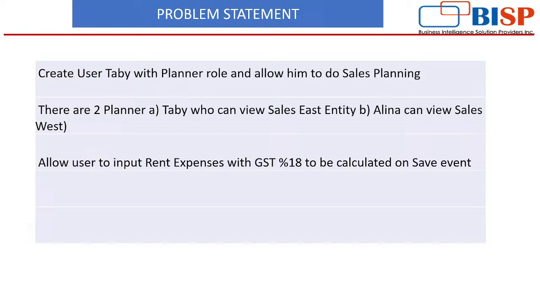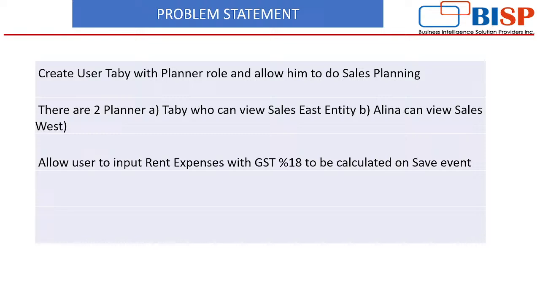Now second, every time rent expense is input in the application, it should automatically calculate 18% GST, and this is calculated on save event. That means every time rent expense is calculated, GST 18% should get calculated automatically.